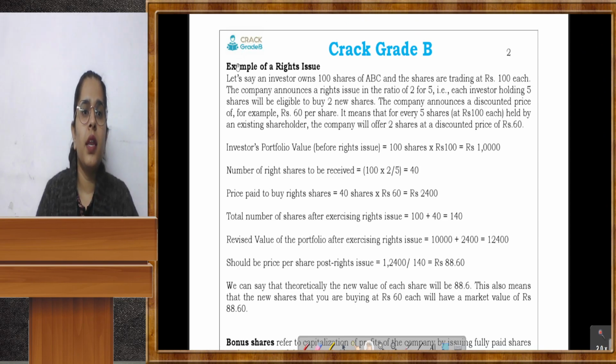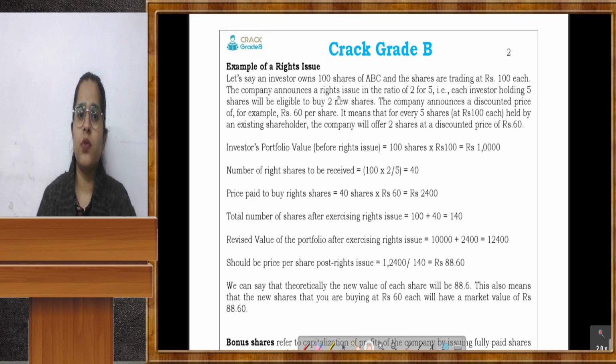Now we will see the examples of a rights issue. Let's focus here. Let's say an investor owns 100 shares of ABC. ABC is a company and there is an investor who owns 100 shares in ABC. Shares are trading at rupees 100 each. So the current market price is 100.